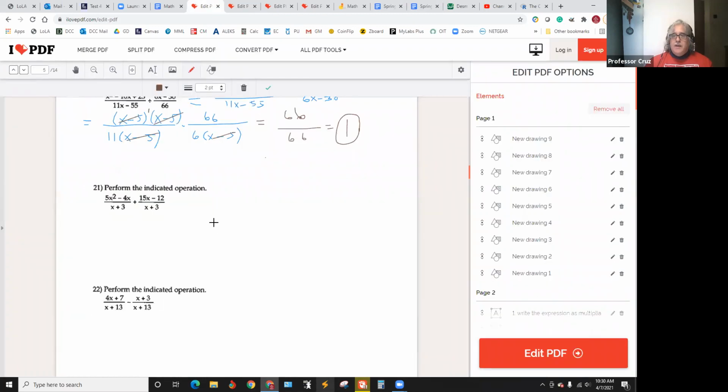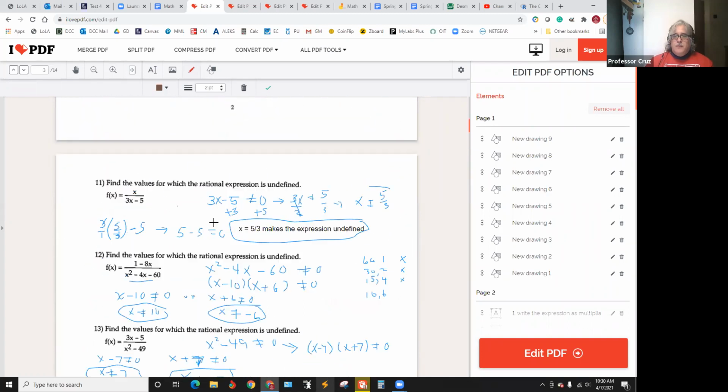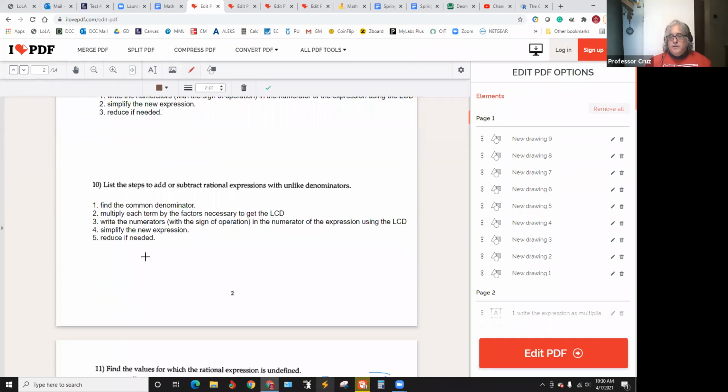So if we go back up to the procedure: like denominators, write the expressions with the sign of operation in the numerator, and then write the LCD, the common LCD, and then simplify the new expression and reduce.